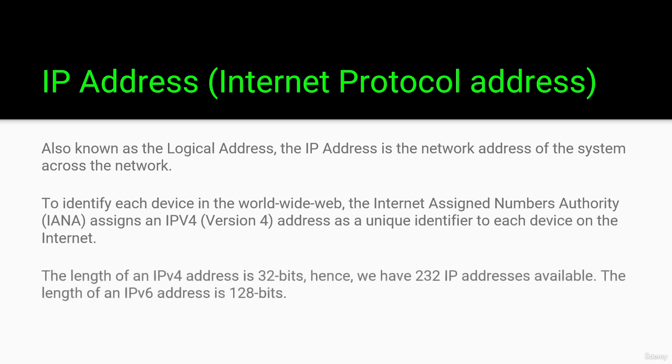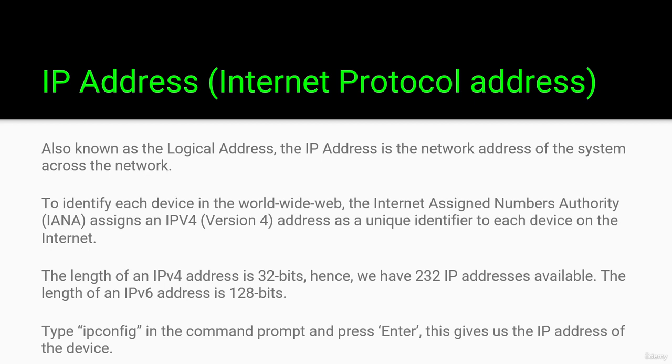The length of an IPv4 address is 32 bits, hence we have 2^32 IP addresses available. The length of an IPv6 (version 6) address is 128 bits. Type ipconfig in the command prompt on Windows and press enter. This will give you the IP address of your device.